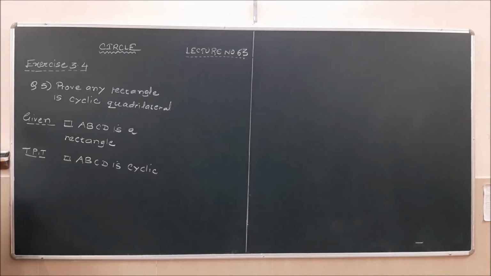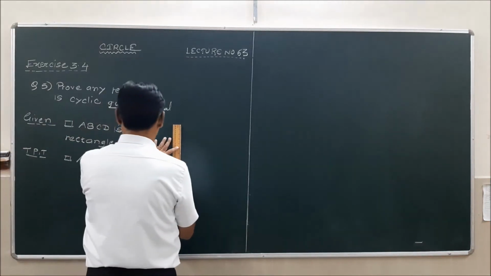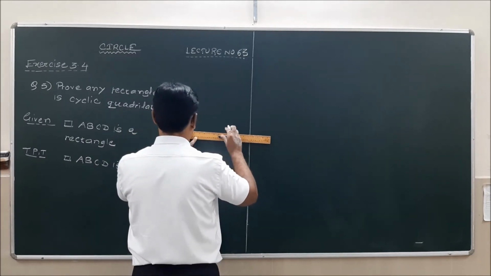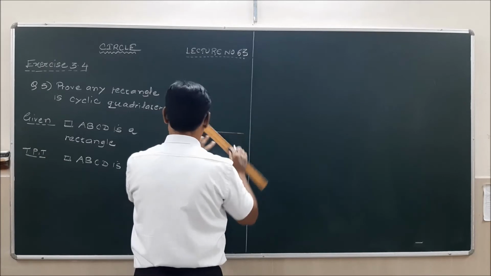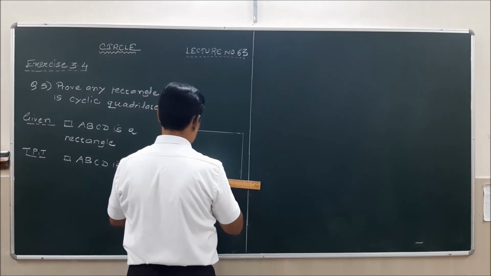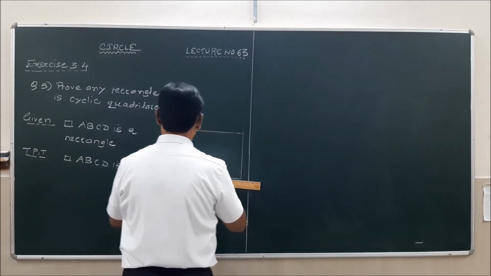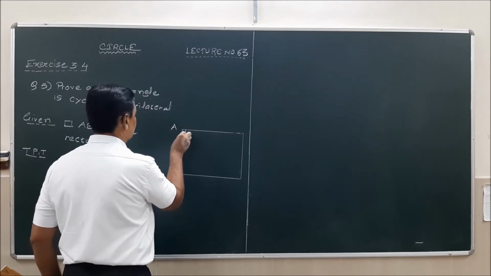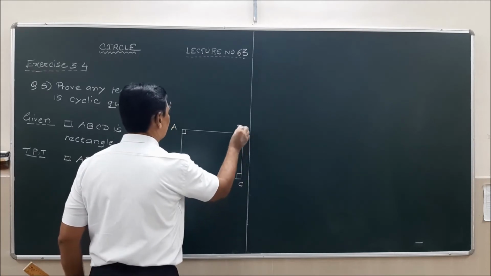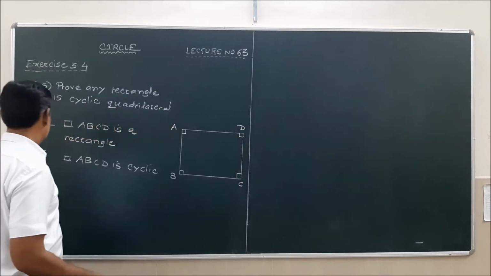So you find here, if I draw a very simple figure, ABCD, since it's a rectangle, what are its angles? 90 degrees. Very simple sum, nothing to explain.